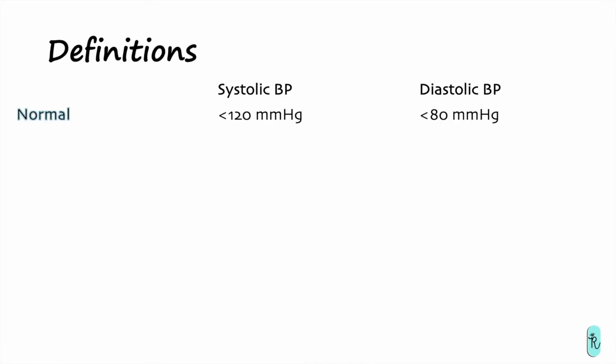Normal blood pressure is defined as a systolic blood pressure less than 120 millimeters mercury and a diastolic blood pressure less than 80 millimeters mercury. Elevated blood pressure is defined as a systolic blood pressure between 120 and 129 millimeters mercury and a diastolic blood pressure less than 80 millimeters mercury.